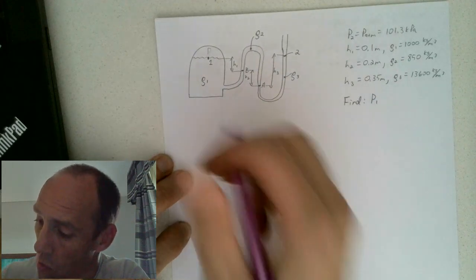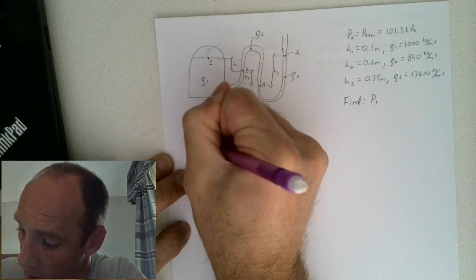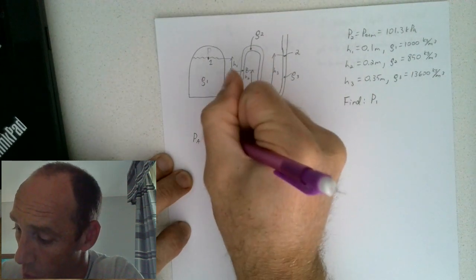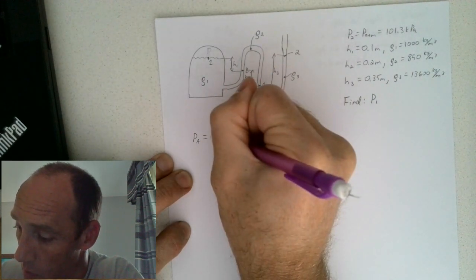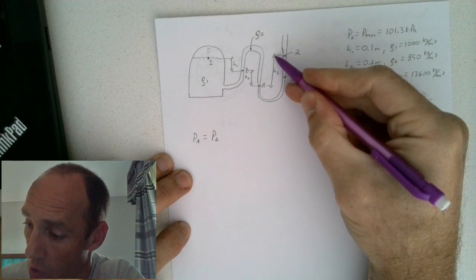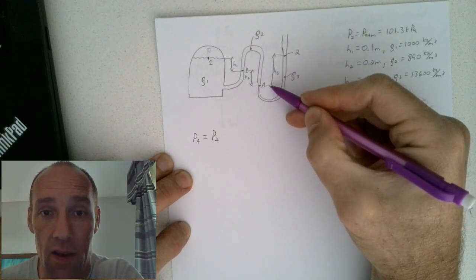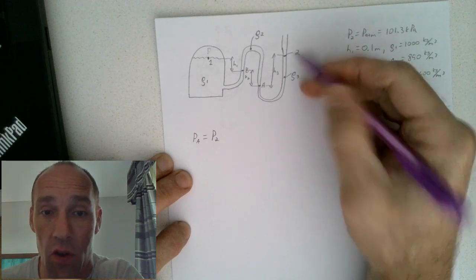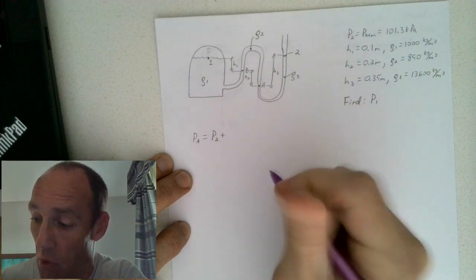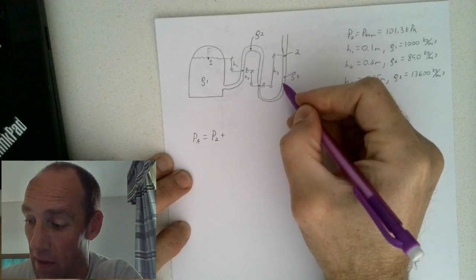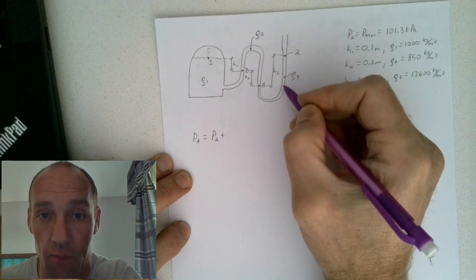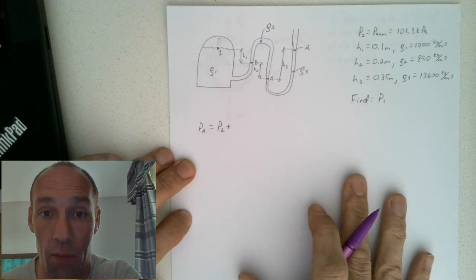All right, so the pressure at point A is equal to the pressure at point 2 plus a term, because we're going down in depth. Point A is below point 2, so we have to add, because the pressure increases as we go down in depth.